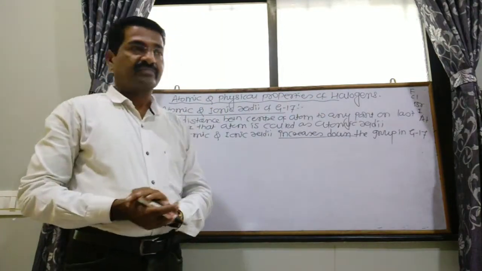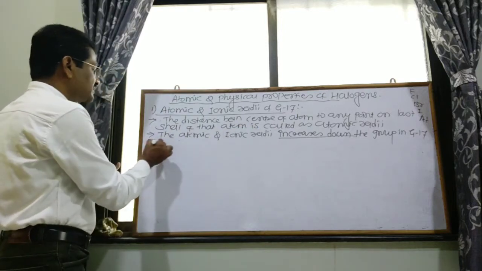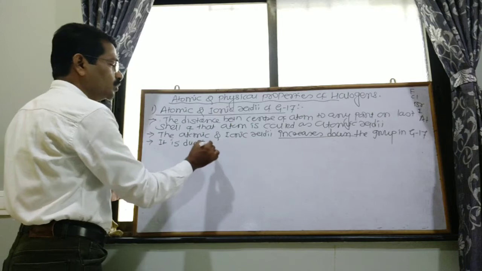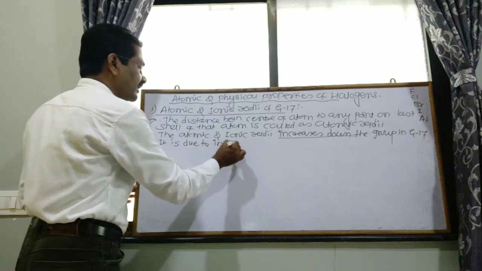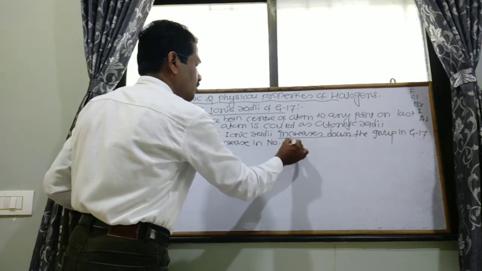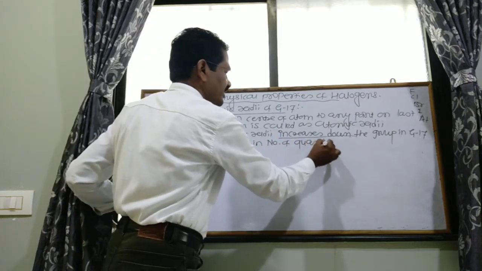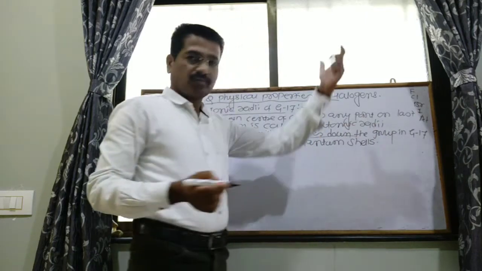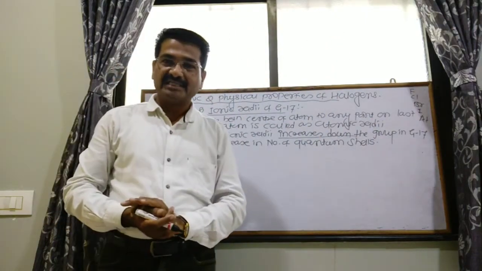Why? It is due to the increase in number of quantum shells. The number of quantum shells increases from top to bottom, from fluorine to astatine.